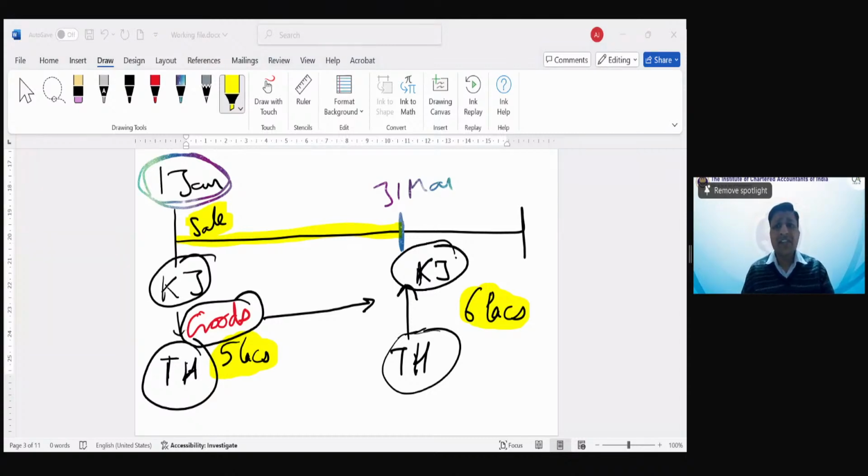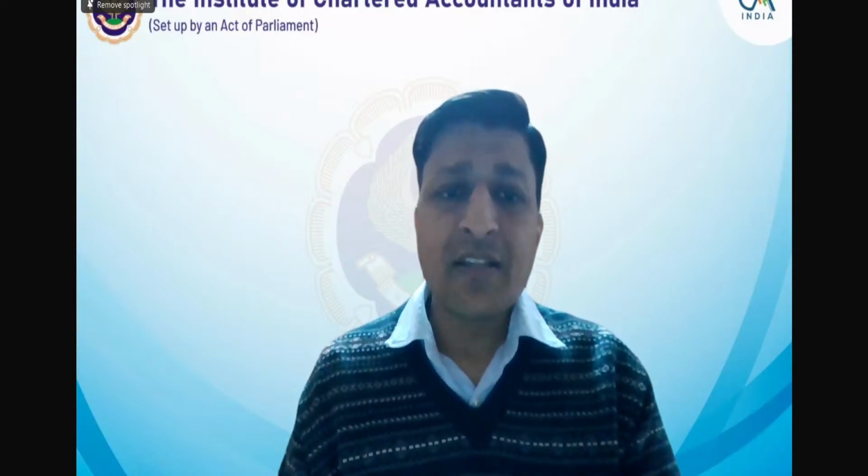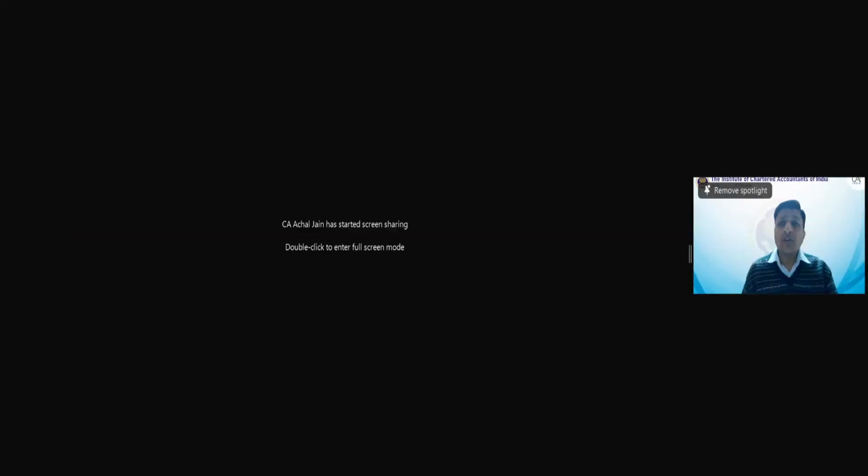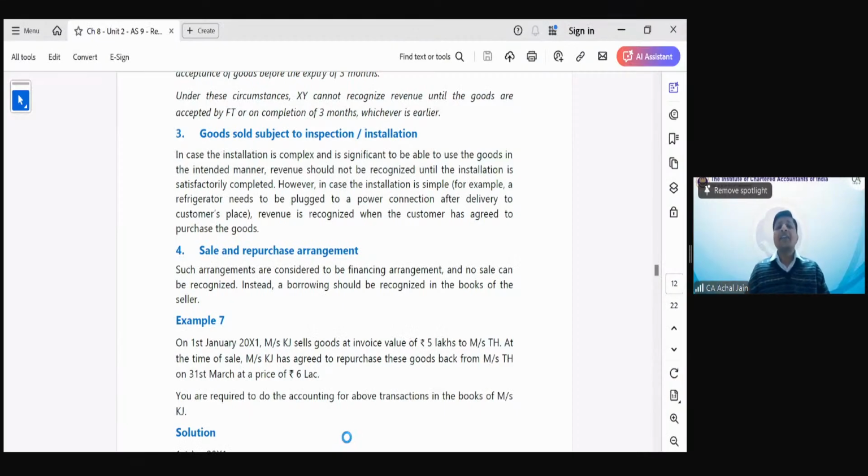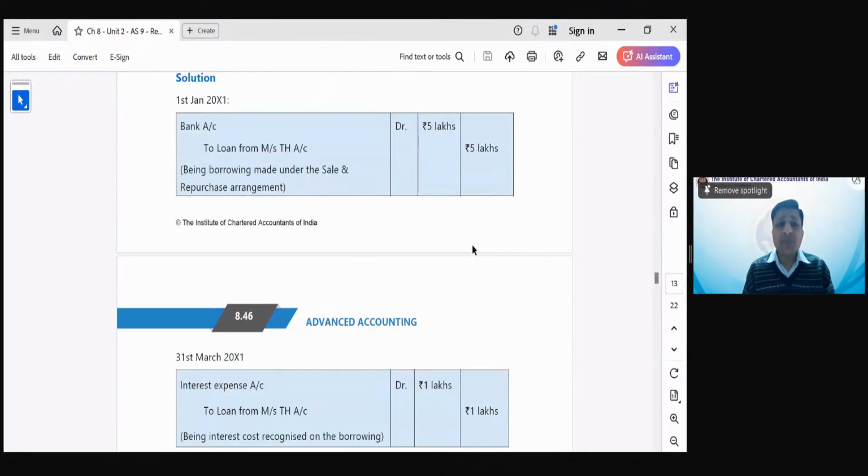Archana says yes. So how should you record this? You should record this as a financing transaction. Why? Because in this particular transaction, there is nothing in relation to transfer of risk and rewards from the seller to the buyer. So in this transaction on 1st of January, what will the seller, KJ, do?